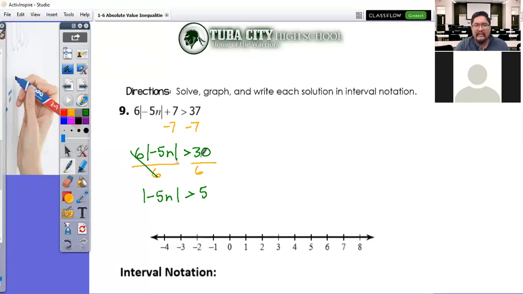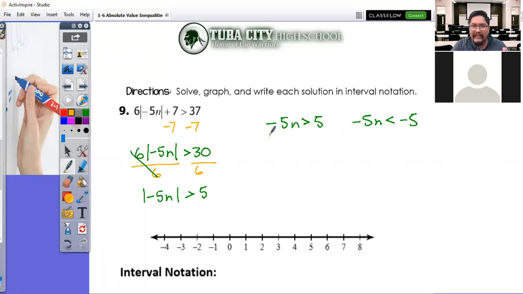So to get both cases, keep it and switch. So switch both things there. Now again, the n has a negative attached to it. So this is the easiest thing to look for.